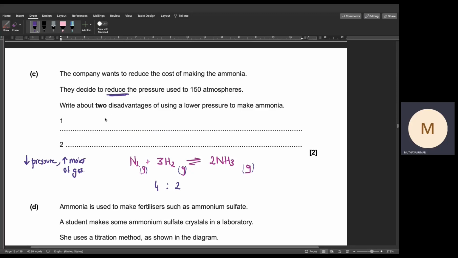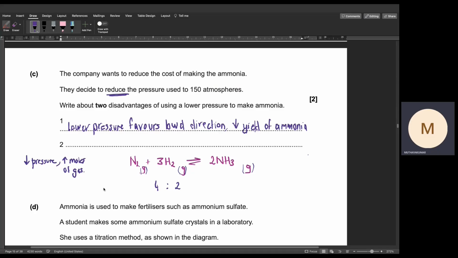So that's point number 1. So the disadvantage is, lower pressure will favor the backwards direction since there are fewer gas moles on the right-hand side. And this will lead to a decrease in yield. So yield of ammonia will decrease, which is a disadvantage since they're interested in making ammonia.